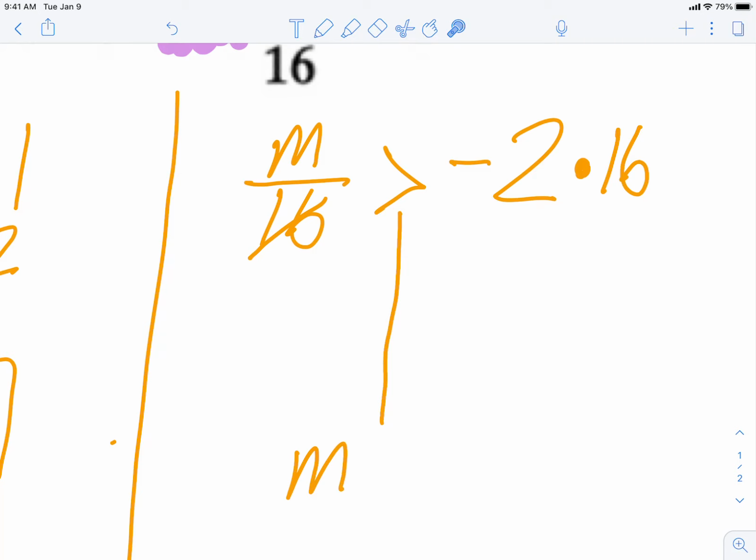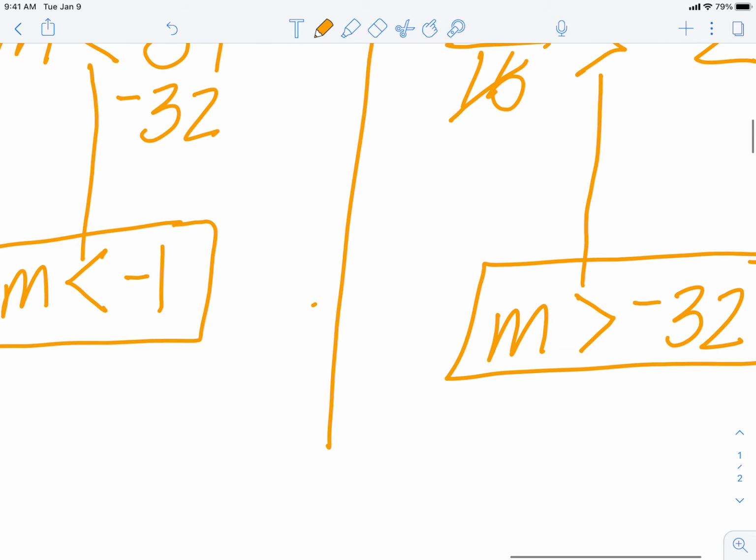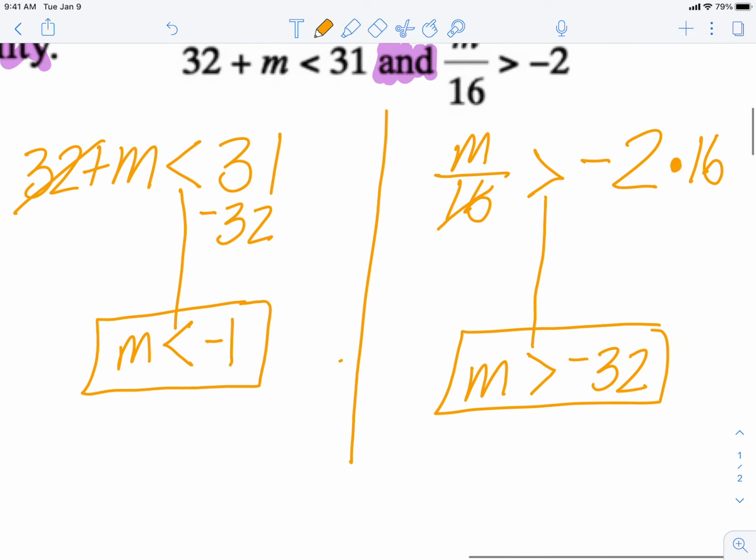Since I am not multiplying by a negative 16, see, this is a positive 16, I do not flip the arrow. A negative times a positive is a negative. Negative 2 times 16 is negative 32. And those are my two answers there. Look at that. Those are my two solutions.